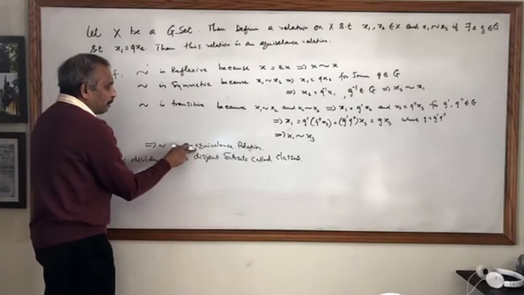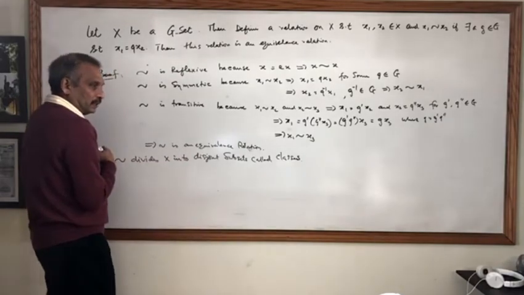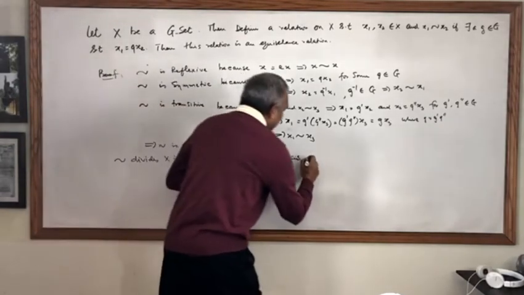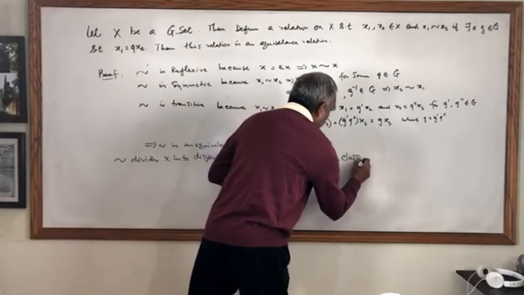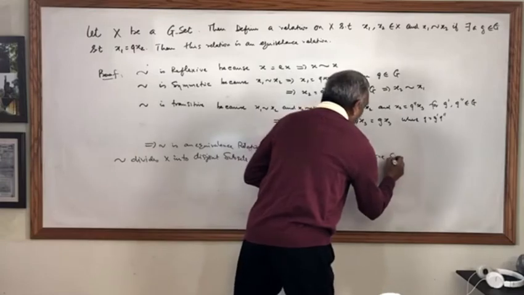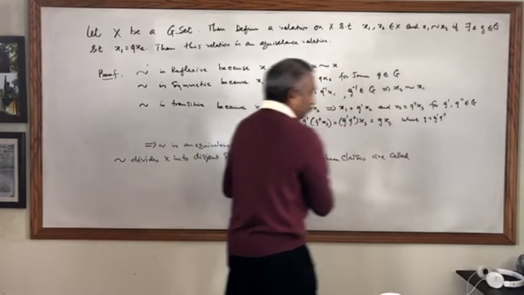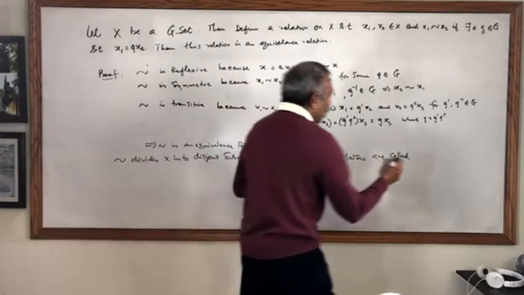That is a property of an equivalence relation. These classes are called orbits.